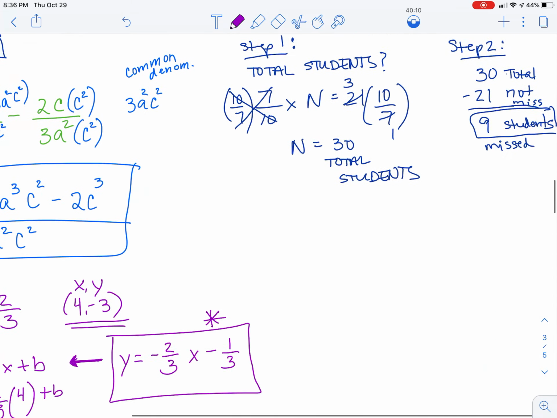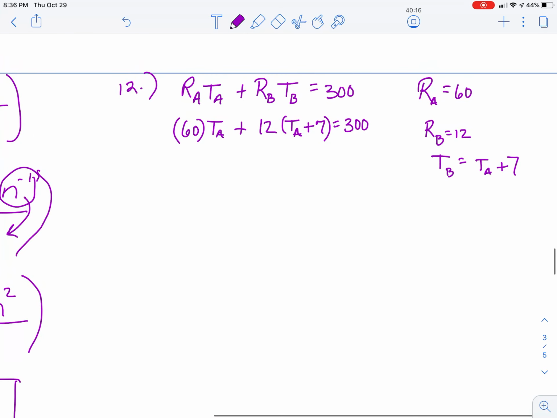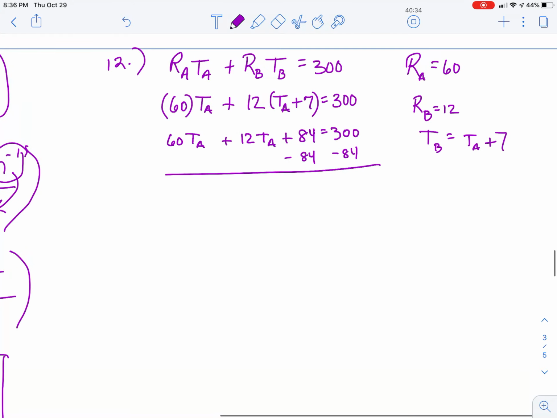So let's keep going. Gracious day. All right, so we have 60 TA plus 12 TA, I'm distributing here, plus 84 equals 300. I'm going to combine like terms where I can.